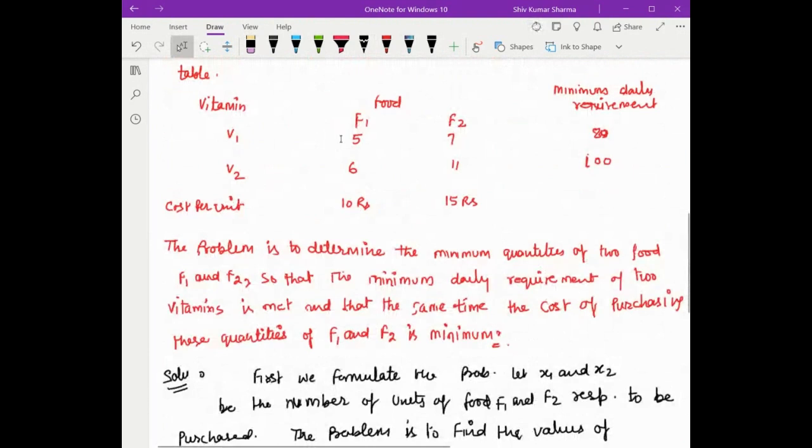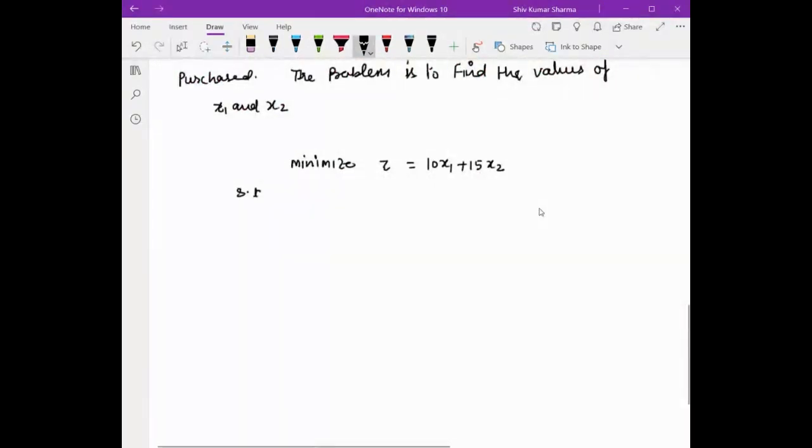We write directly, food 5x1 plus 7x2 greater than or equal to the minimum daily requirement, which is 80. This is the minimum requirement, so we take the greater than sign. That means the LHS may be greater than the RHS, because we want the minimum requirement of 80.